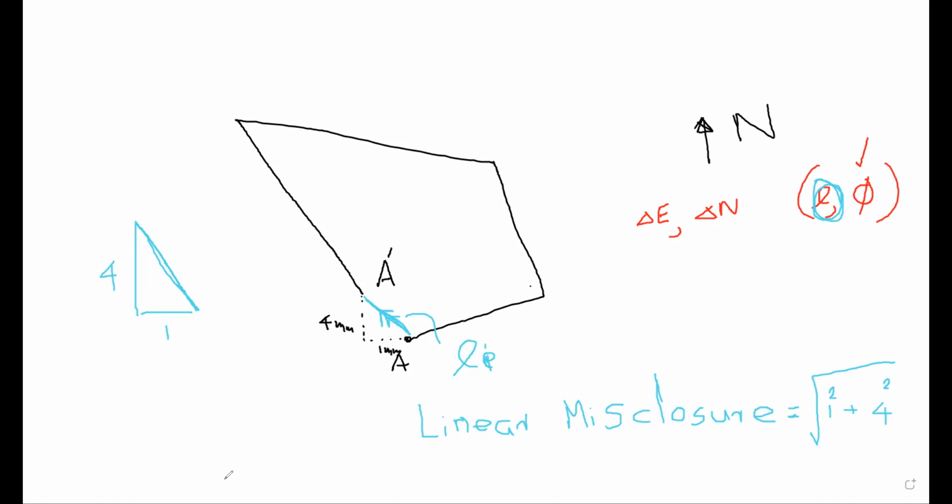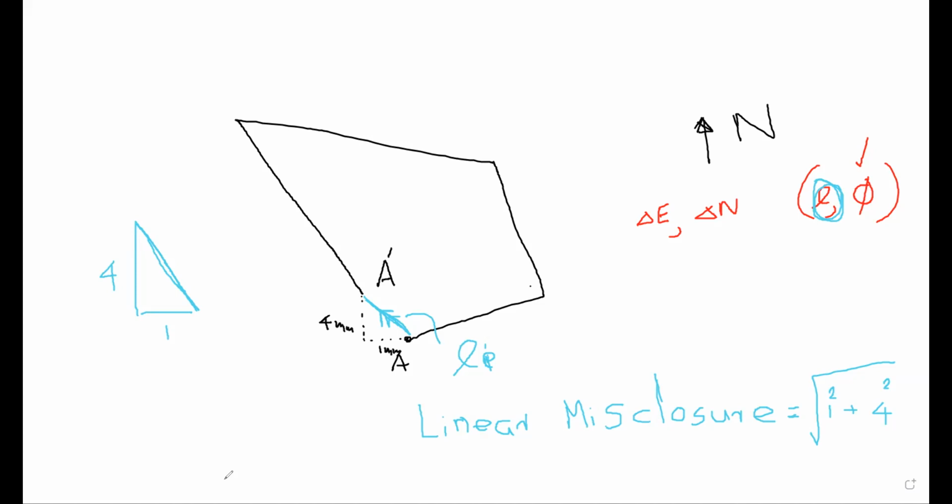The linear misclosure of your set of angles and lengths is this much. Square root of 17, that is 4 point something millimeters. If you calculate, square root of 17 is 4.12 millimeters.